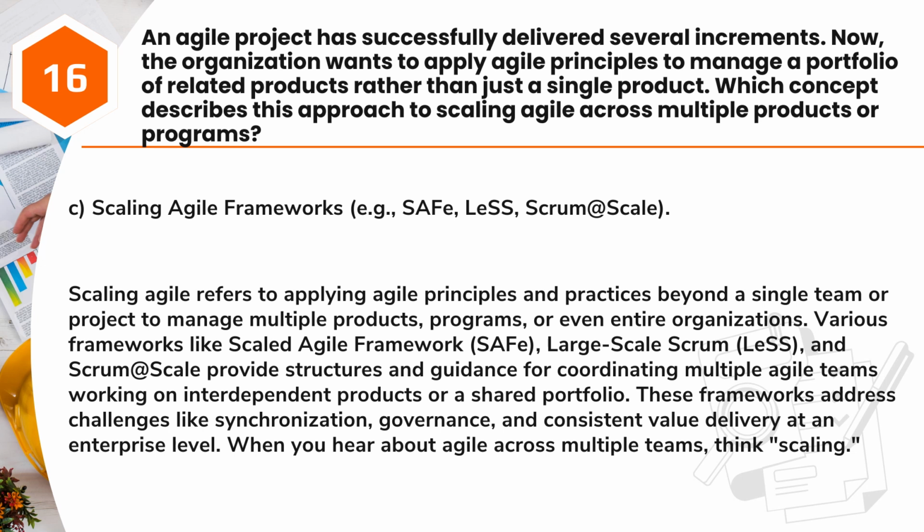Various frameworks like Scaled Agile Framework, SAFe, Large-Scale Scrum, LeSS, and Scrum at Scale provide structures and guidance for coordinating multiple Agile teams working on interdependent products or a shared portfolio. These frameworks address challenges like synchronization, governance, and consistent value delivery at an enterprise level. When you hear about Agile across multiple teams, think scaling.